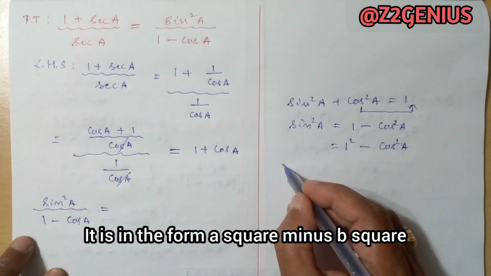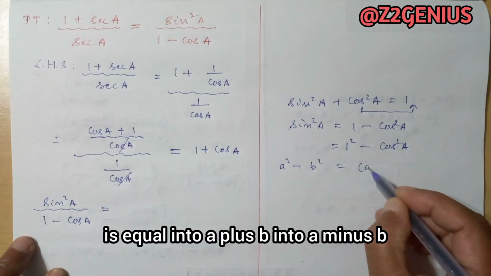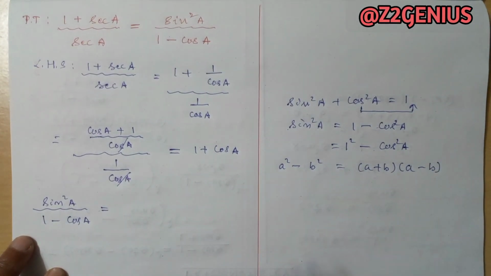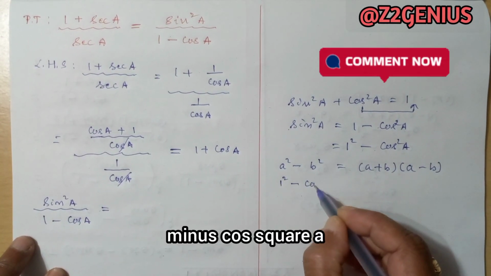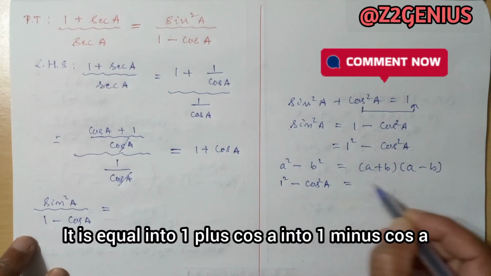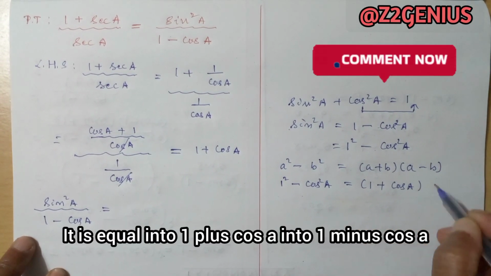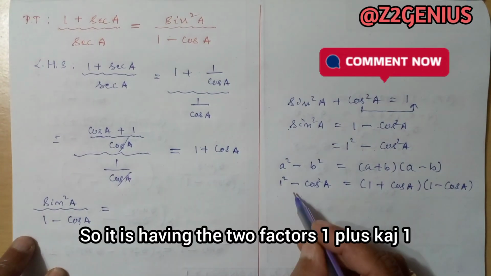It is in the form A square minus B square, which is equivalent to (A plus B) into (A minus B). On that basis, 1 square minus cos square A is equivalent to (1 plus cos A) into (1 minus cos A). So it has two factors.